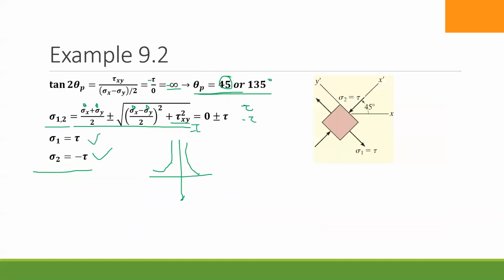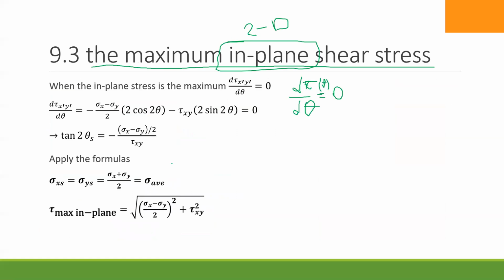I don't want to lose time. After calculating this, we get that the derivative of sine 2 theta is 2 cosine 2 theta, and the derivative of cosine 2 theta is minus 2 sine 2 theta.